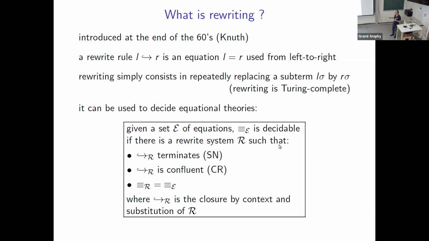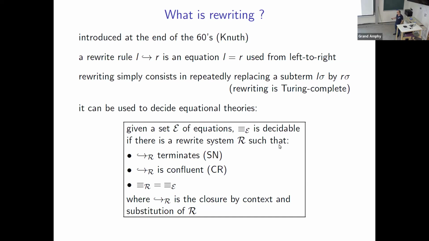It means that when you have a subterm matching the left-hand side of a rule, you replace it with the corresponding right-hand side. This framework, just rewriting without talking about typing, is like lambda calculus a Turing complete paradigm. So it means that using rewriting you can encode any recursive function. It was introduced to solve problems with some equational theories.